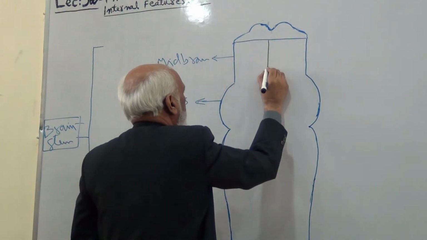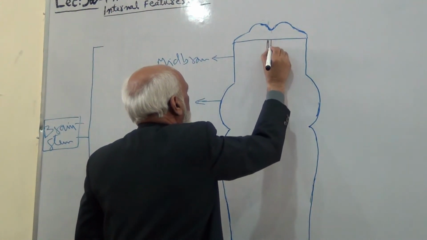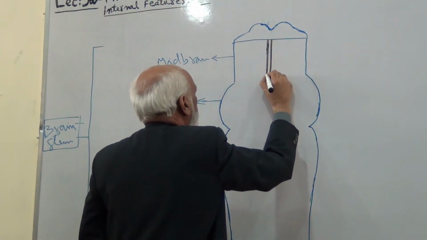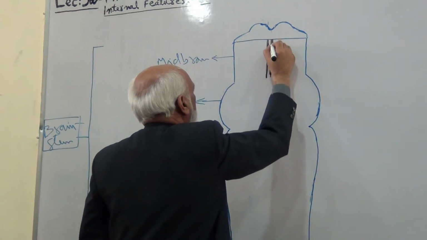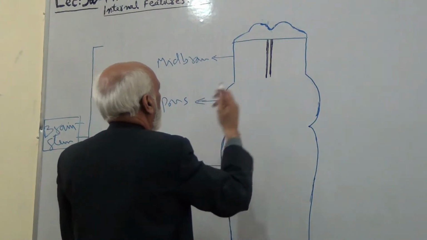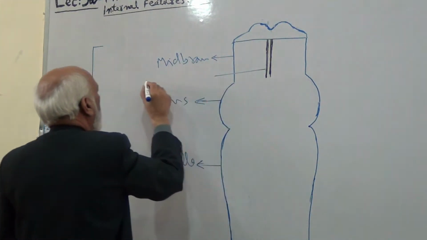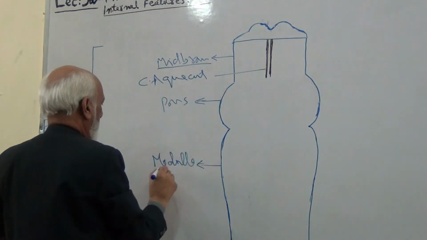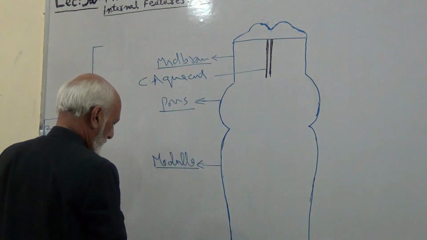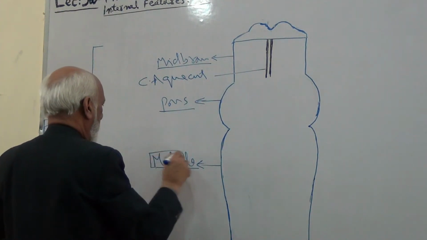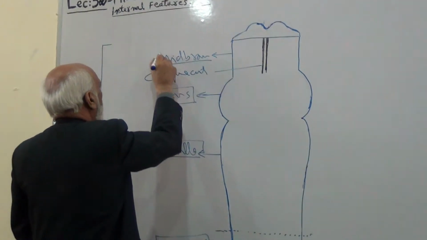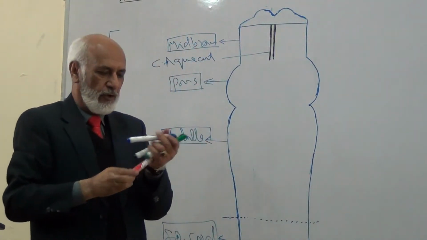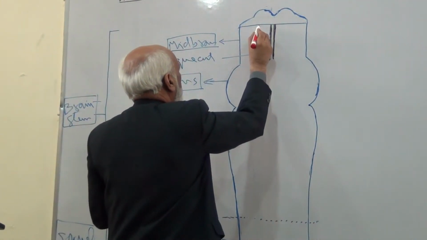In the center is the longitudinal section through the cerebral aqueduct, traversing the midbrain. And you know the cerebral aqueduct is surrounded by a layer of gray matter.